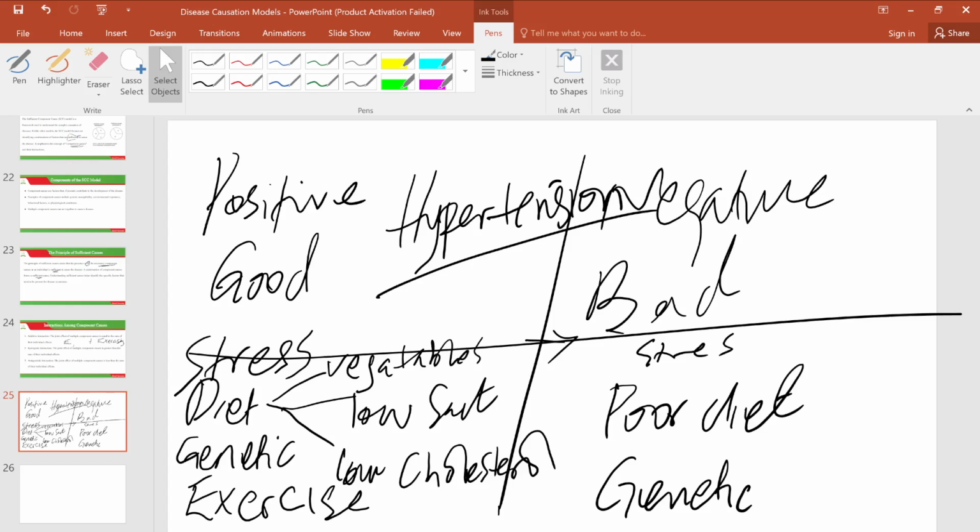You can have stress, but your diet is okay. You can have a good diet when you have a lot of stress. So these different factors interplay in different ways, and others cancel themselves out.